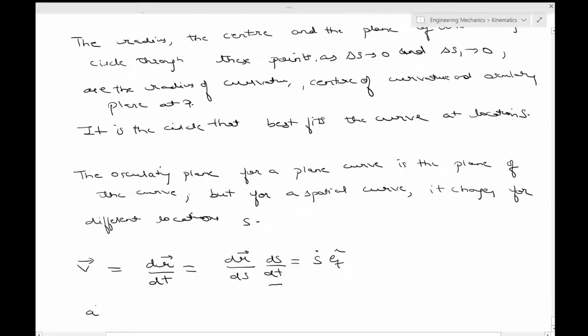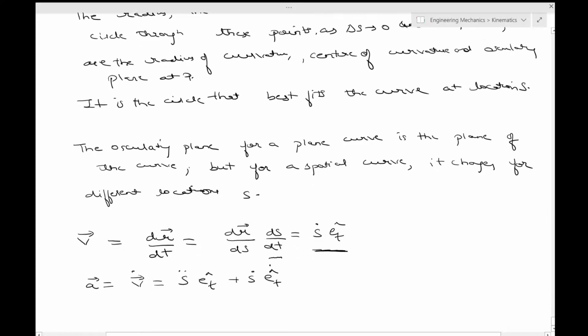Similarly, the acceleration is what? It is v dot. Now we want to use the chain rule over here. That will be s double dot et hat plus s dot et hat dot. Now we will write this as s double dot et hat plus s dot det by ds by dt.